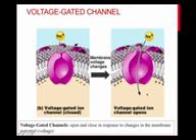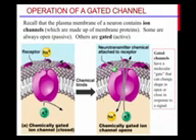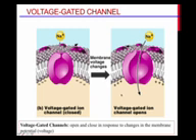The difference is, here's a chemical gate, closed, but when a chemical binds, like a neurotransmitter, we open the gate. With voltage gated, a change in potential or charge at that membrane can open the gate. Your neuron has both types of gates in the membrane at very unique locations.